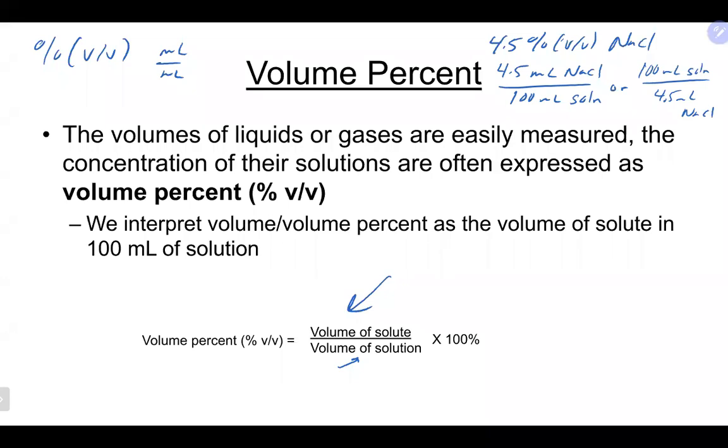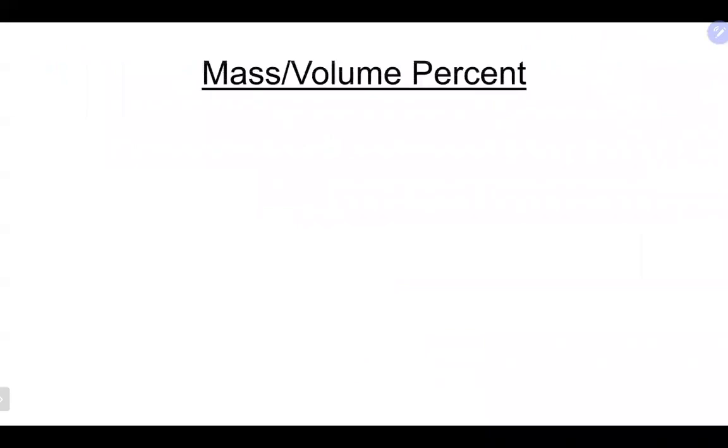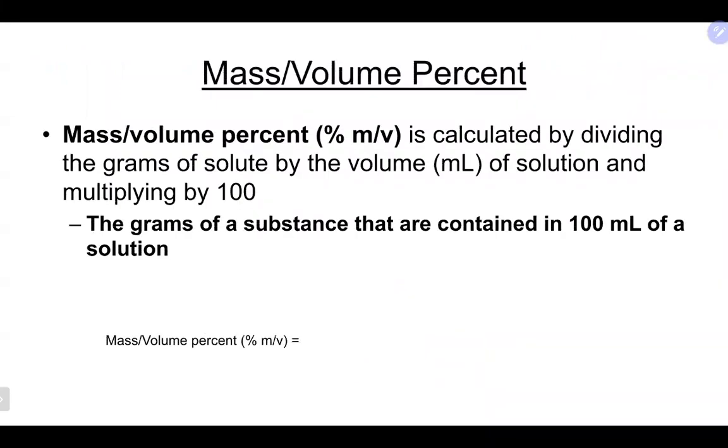The last percent concentration is mass to volume. This one deals with grams to milliliters in most cases. It is sometimes referred to as percent mass to volume. That's grams over milliliters, kind of like density, the same idea. And it works the same way.